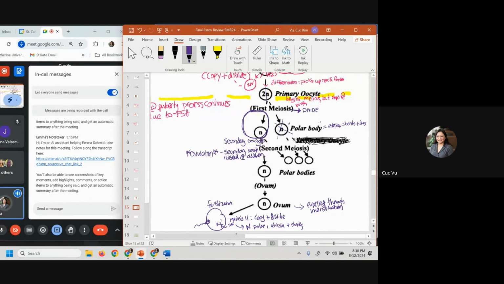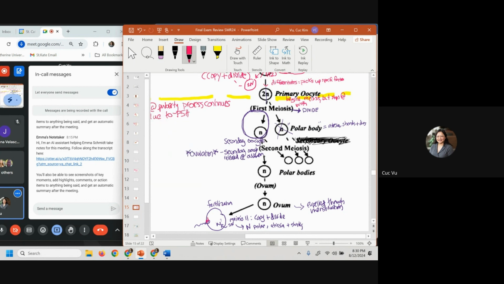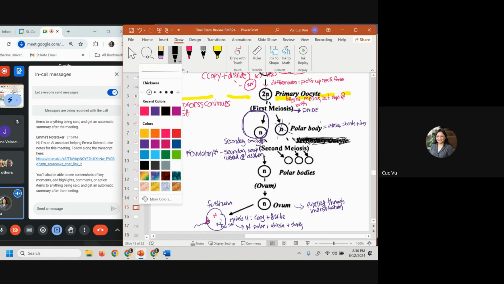Okay, so once it's fertilized, the minute the sperm penetrates that egg, it's going to finish off meiosis 2, not because it needs to, but because it has to, in terms of just finishing the process up. But essentially, it's going to leave it with just one N. And then once meiosis 2 is completed, the N from the sperm will combine with the N of the egg.